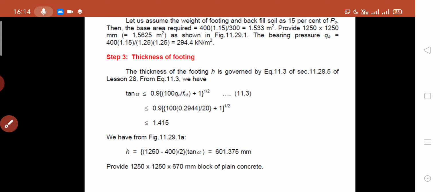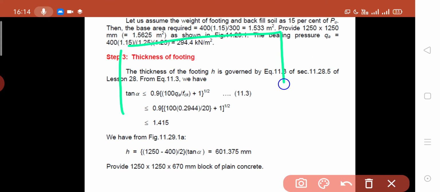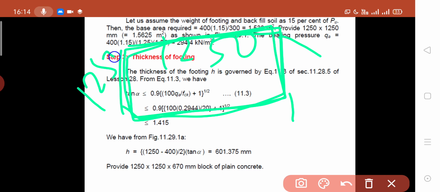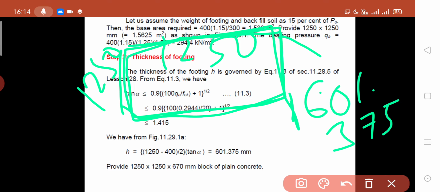Now we find the footing volume: 1250 into 1250, and this height is 601.375 mm.